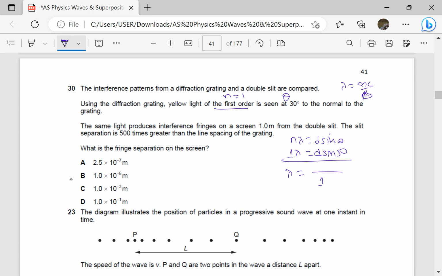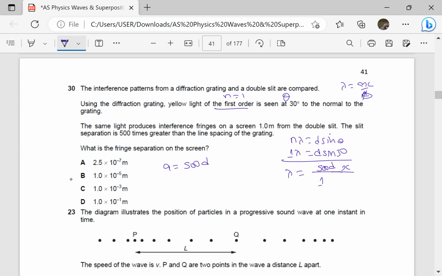The slit separation is A. A is 500 times greater than the line spacing, which is d. A is 500 times d. So where there is A in the double slit equation, I'm going to just put there 500 times d, then times x. So what is the fringe separation on the screen?